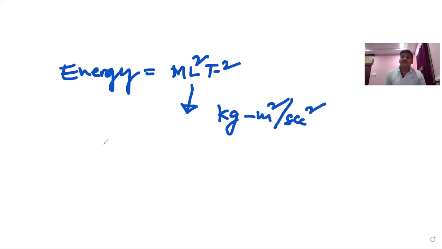Sometimes if I want to convert again in the reverse direction, the same process: kg is mass, meter square is L square, second square is in the denominator, so it comes as T minus 2. I hope you understood well. Once you know the conversion, dimension formula to units, and units to dimension formula can easily be done. Thank you.